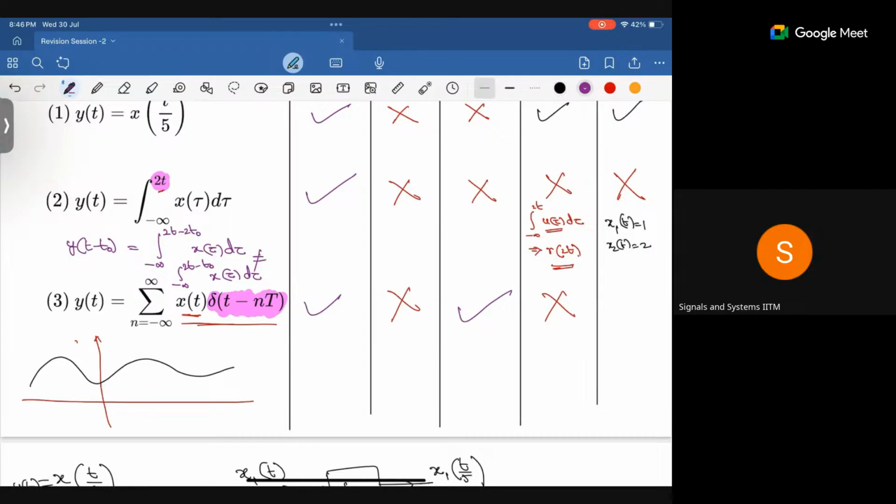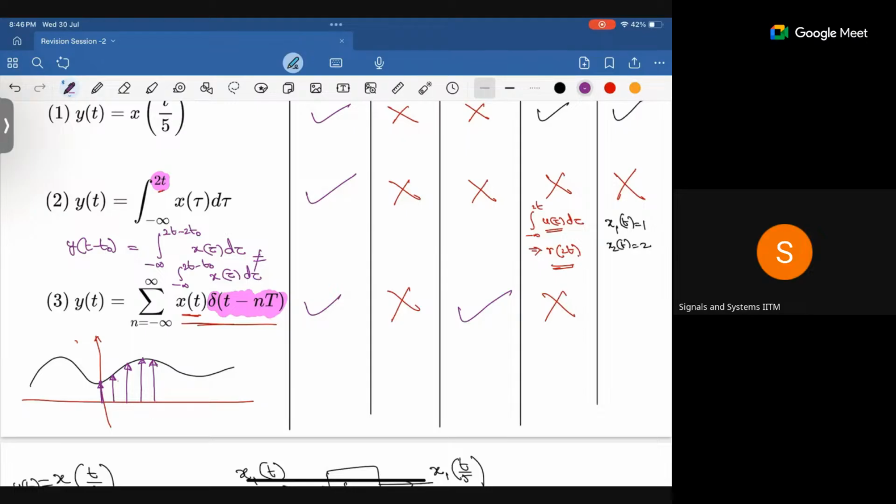It is sampling, right? Sampling every T seconds, no? So when n is 0, it will just be x of t times delta of t, which is this.